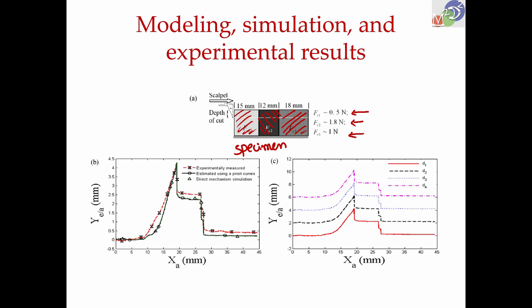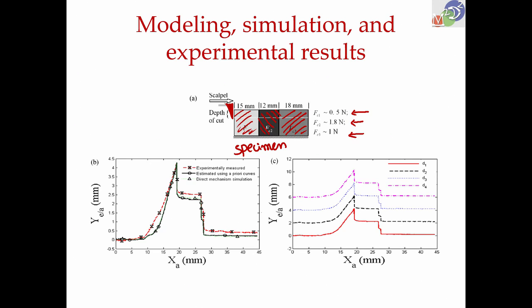As you bring the scalpel and start cutting, you can see that it was slowly increasing the force, and then it suddenly jumps because it has to go to a higher one, and then comes back to cut about 1.8 newtons, and then comes back and cuts the 1 Newton, and then goes.